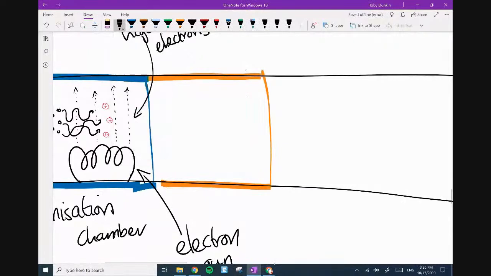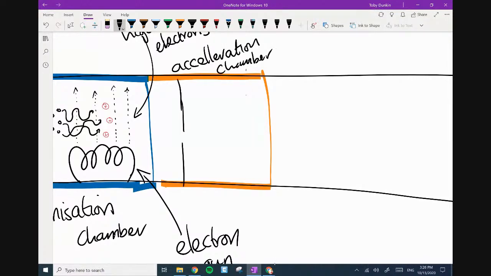This is called the acceleration chamber. What this now does is a rather neat thing. There are a series of plates inside this chamber.